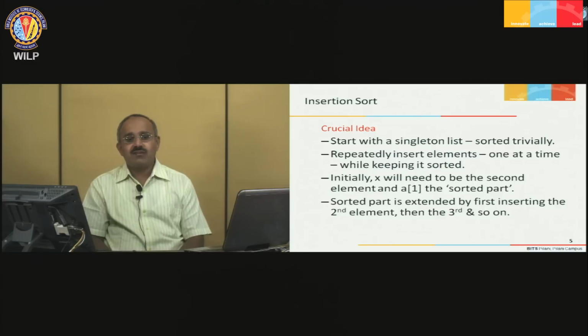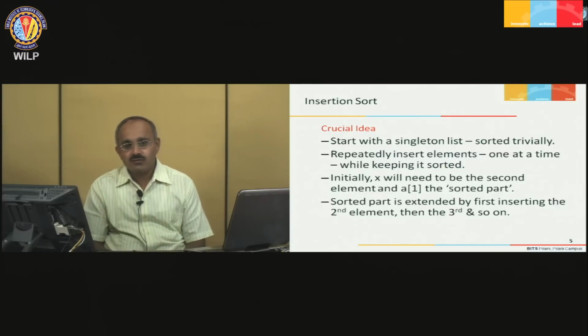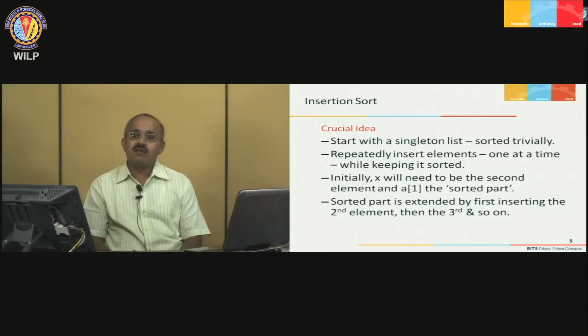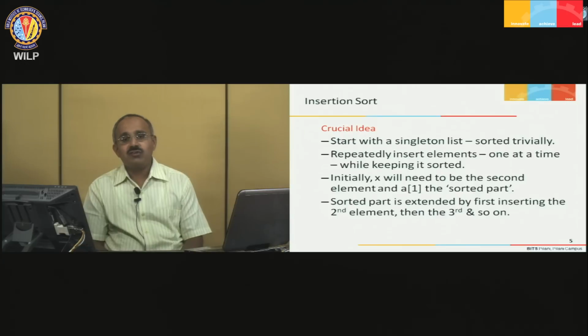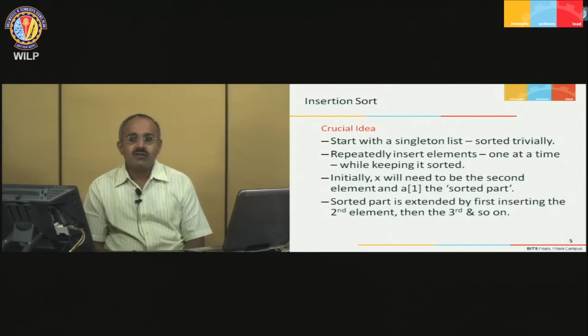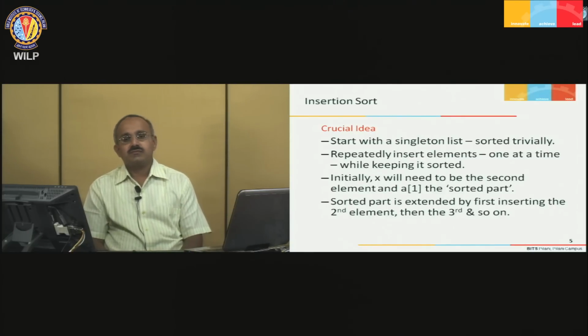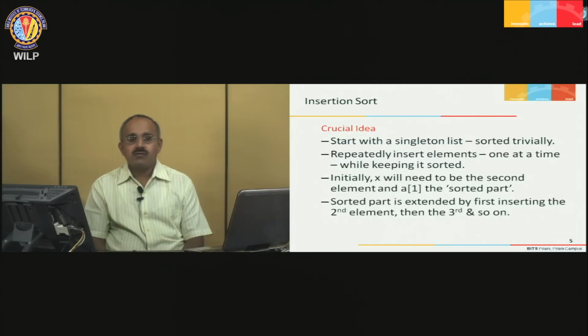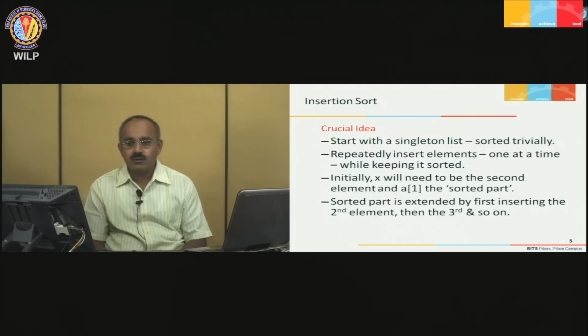Just to put things in a stepwise manner, we start with a singleton list, that is a single element. We repeatedly insert elements one at a time while keeping the sequence sorted. Initially we will have A1 in your hand, which is already in the correct position, then we will pick up the second element and insert it in the right position. So, we already have a sorted part of 2 elements now.